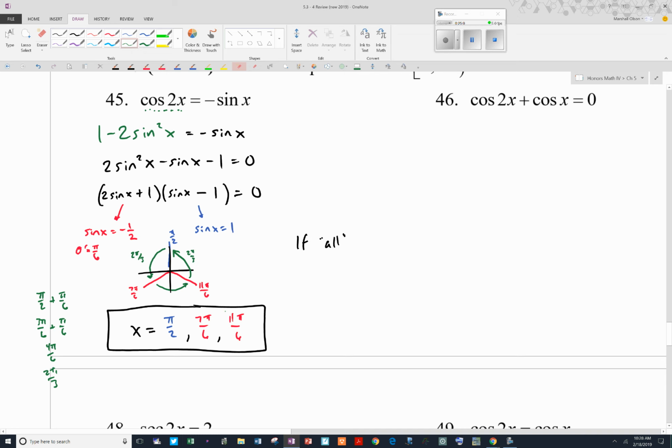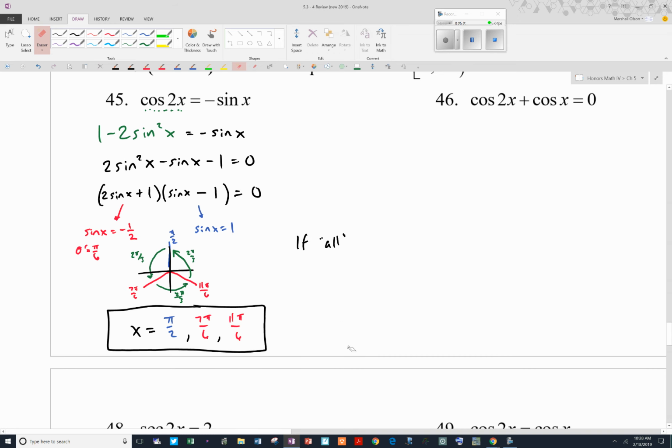Let's see if that's the same amount to get from 7 pi over 6 to 11 pi over 6. Well, if we think back to 4 pi over 6, then we would get the 11 pi over 6. So we know that this is also 2 pi over 3 right here. So we are adding that same amount every time.